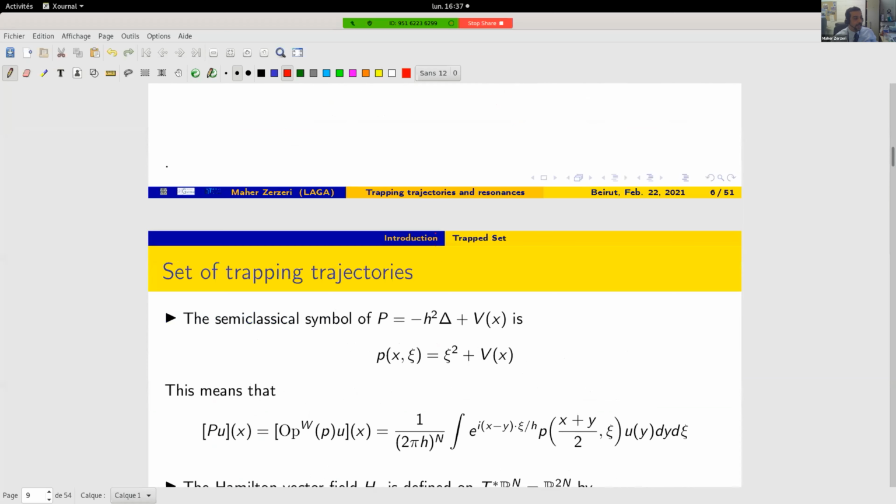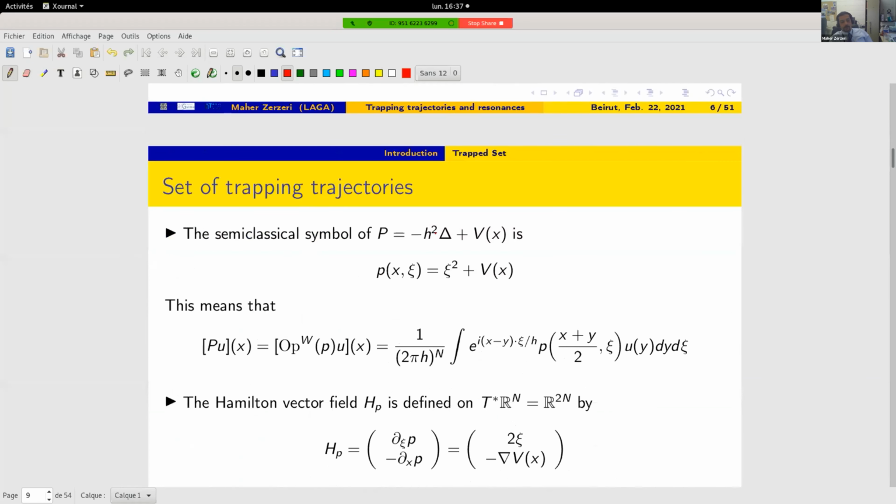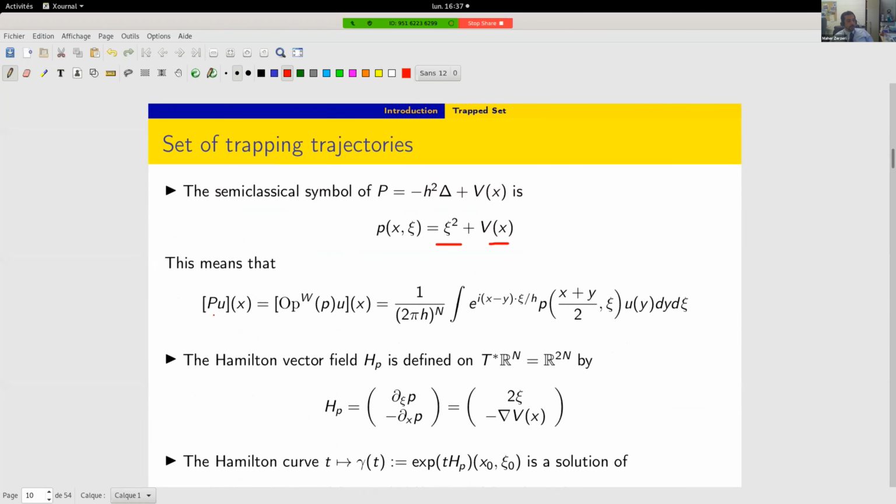On the other side, the semiclassical symbol of our Schrödinger operator is given by xi squared plus V(x), in the sense that P is the Weyl quantization of the symbol p.